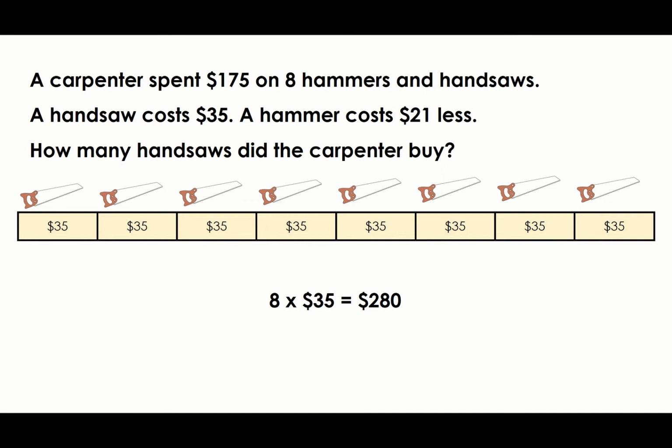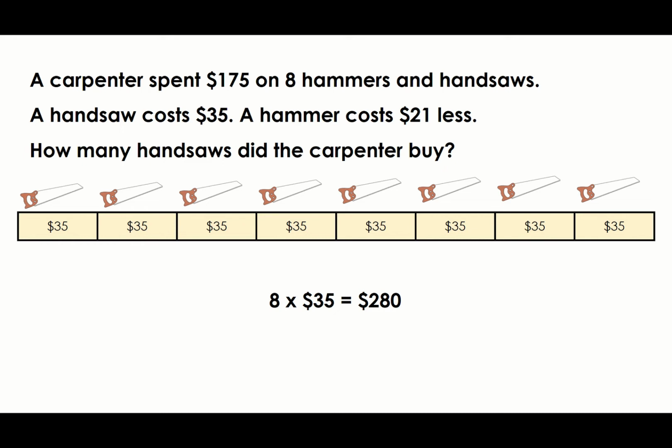So, in the assumption method, we always start with all the items being one of the items. Since we have the cost of the handsaws, we are going to assume that all of the items are handsaws. That will give us our initial assumption, and the total will come up to $280.